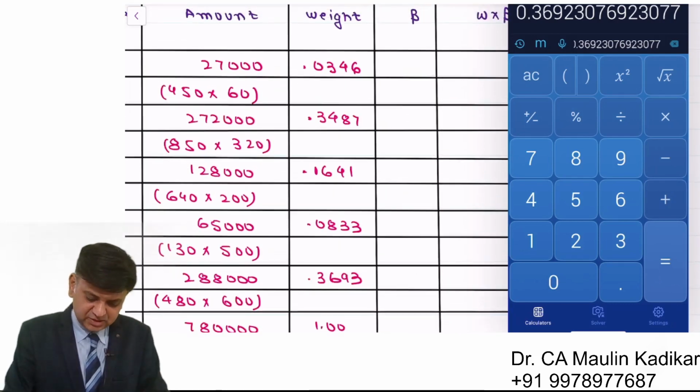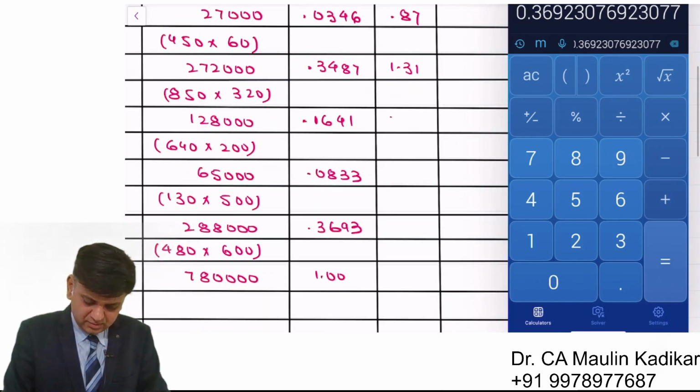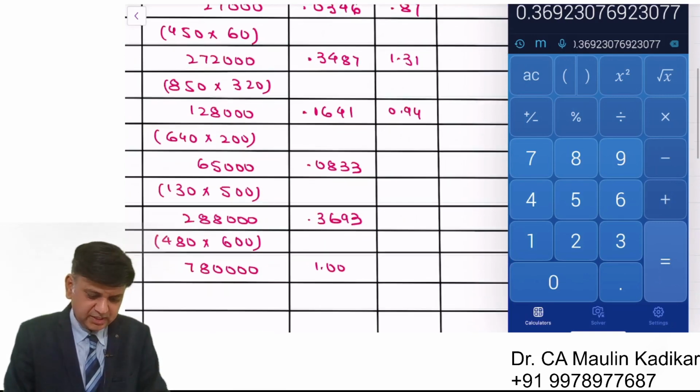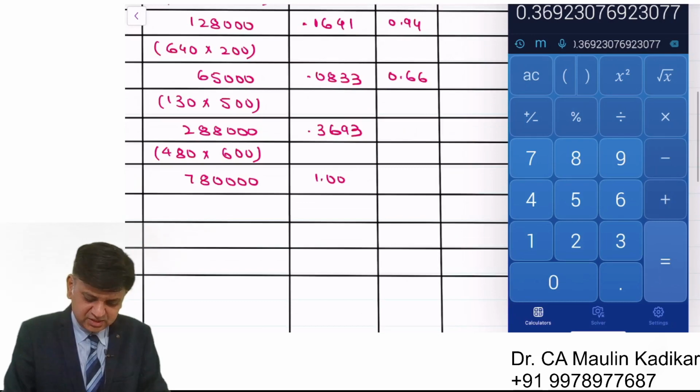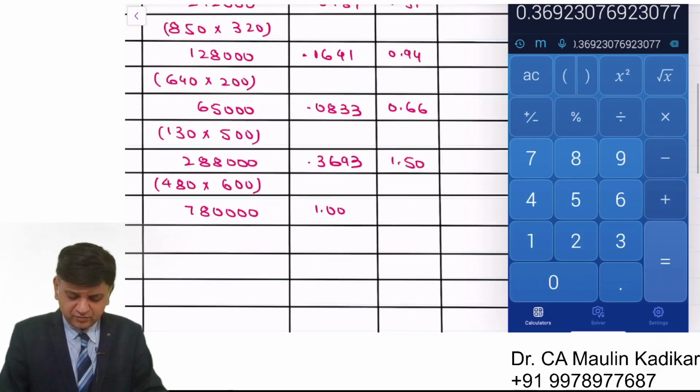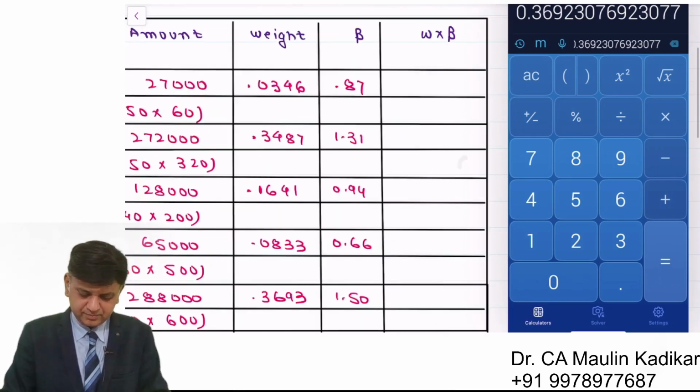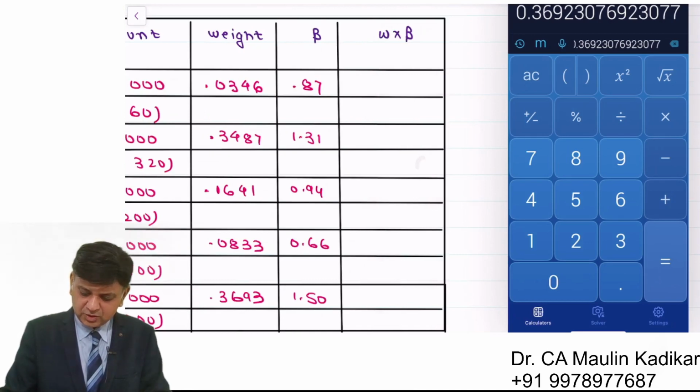Beta is given to us. It is 0.87. It is 1.31. It is 0.94. 0.66. 1.50. So 0.0346 into 0.87.